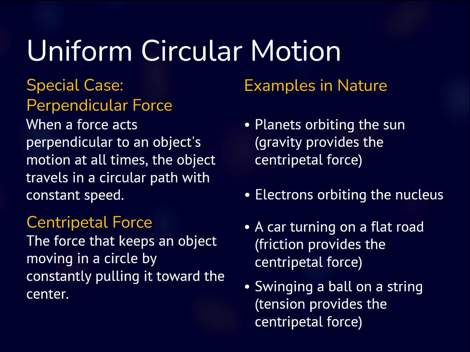Even though the object in these examples doesn't speed up or slow down, it is constantly accelerating toward the center of its path. That is why you feel pulled to the outside when you're turning inside of a car. Your body wants to keep moving forward, but the centripetal force redirects you. Uniform circular motion is a perfect example of how perpendicular forces influence motion, changing direction while keeping speed constant.